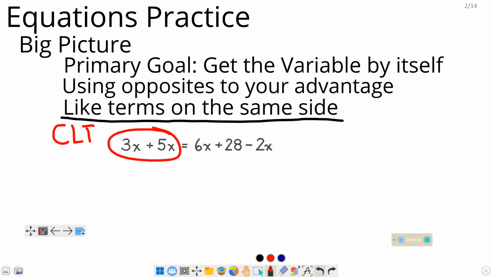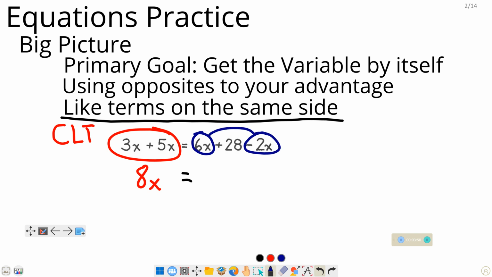I want you to notice here on the left, this is a combine like terms. This is saying 3x plus 5x. They are on the same side, and so I have to combine them through addition. 3x plus 5x is 8x. On the other side of the equal sign, I want you to notice that I have a 6x and a negative 2x.